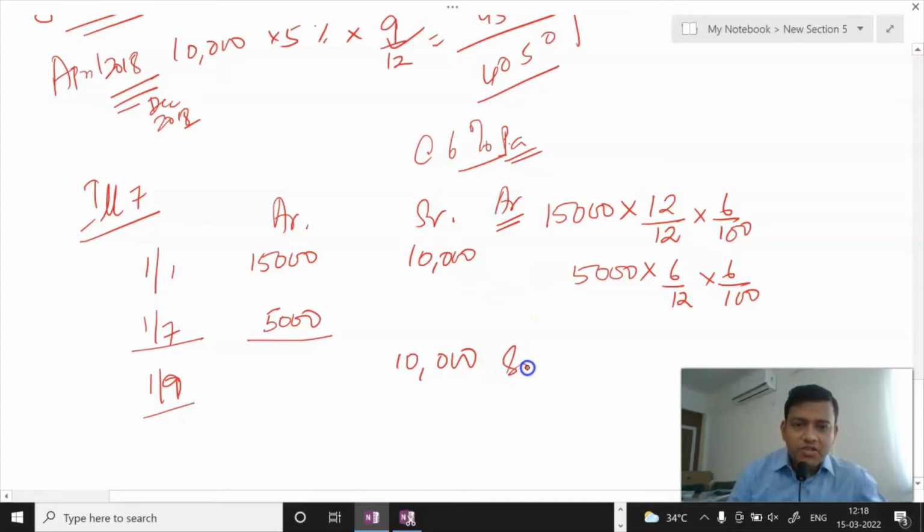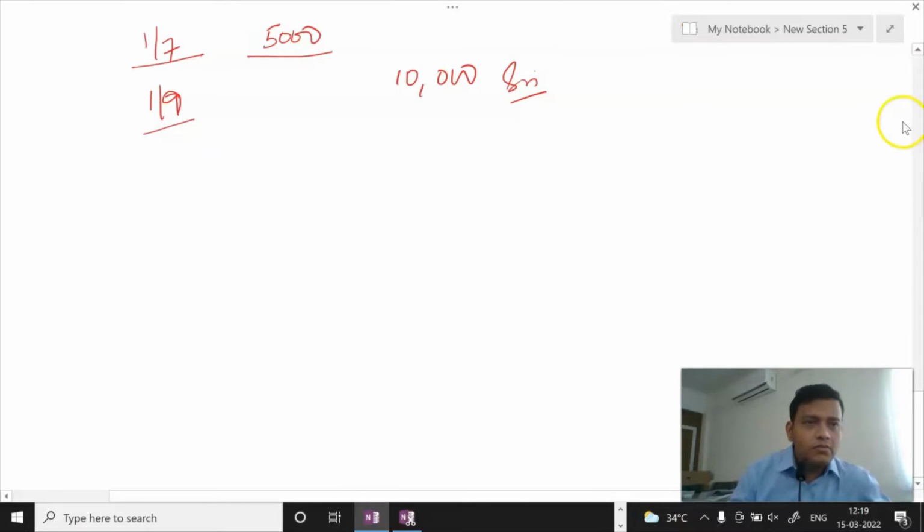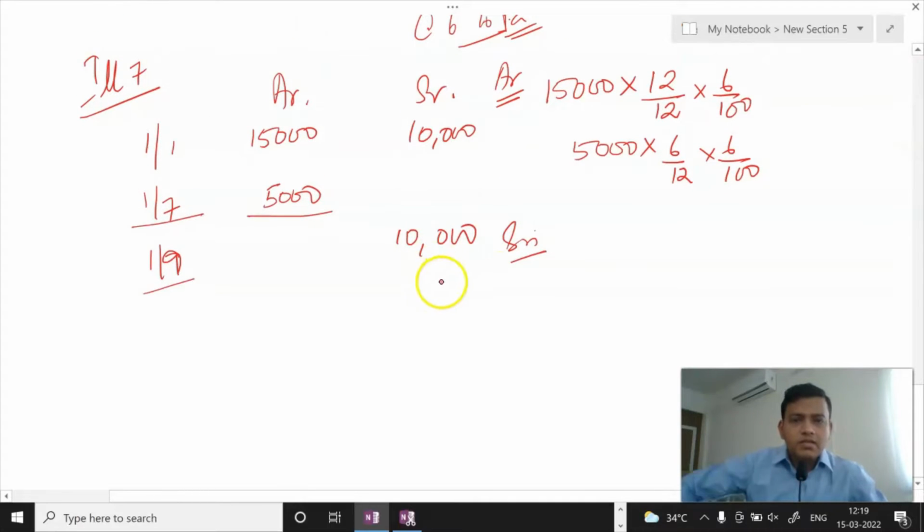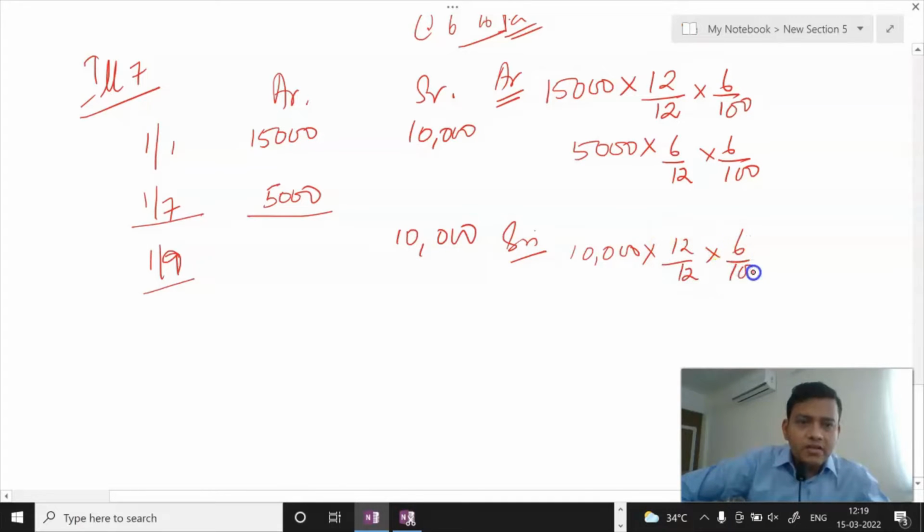Same way we have to do for Srinivasan. Srinivasan's capital was 10,000 again, and it is there for 12 months, 6 by 100, and he is introducing in September month another 10,000.